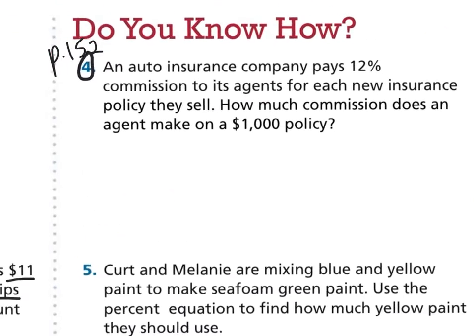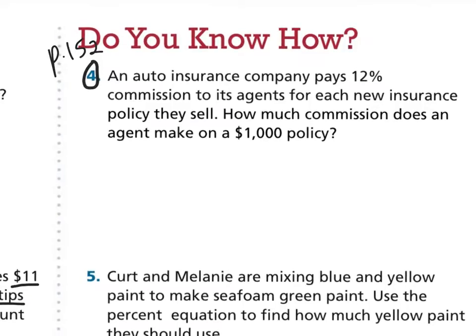Look at number 4. An auto insurance company pays 12% commission to its agents for each new insurance policy they sell. How much commission does an agent make on a $1,000 policy?